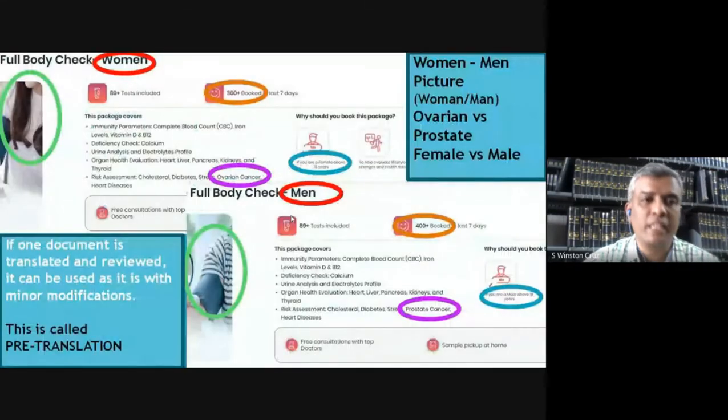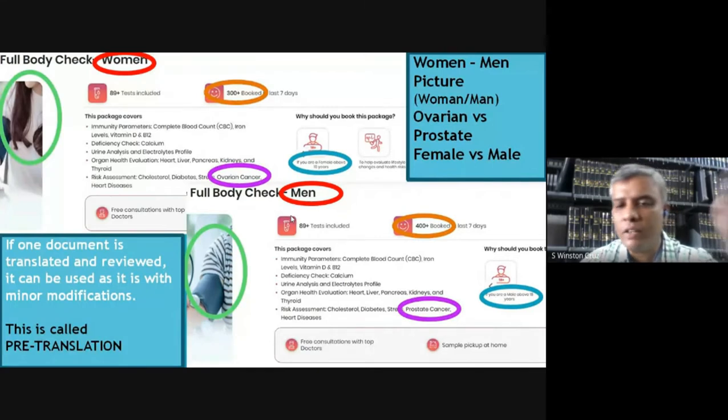I have another example, a full body health checkup for women, where the change is between two advertisements. One has women and men, with the photo of a woman and a man, then 300 booked in one and 400 booked in another advertisement.